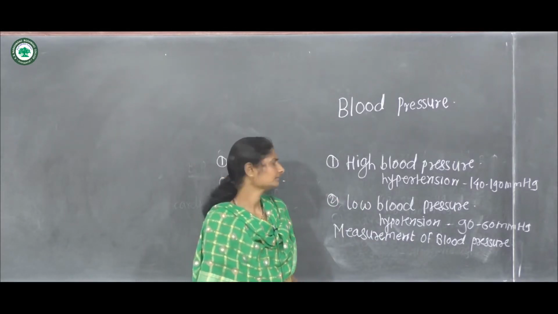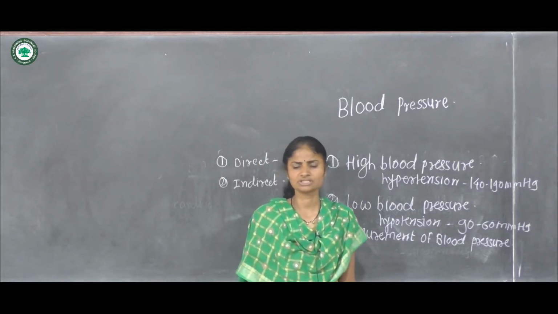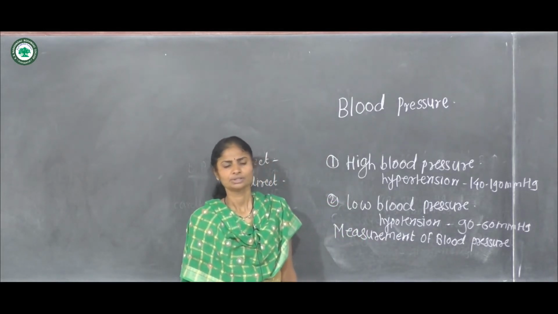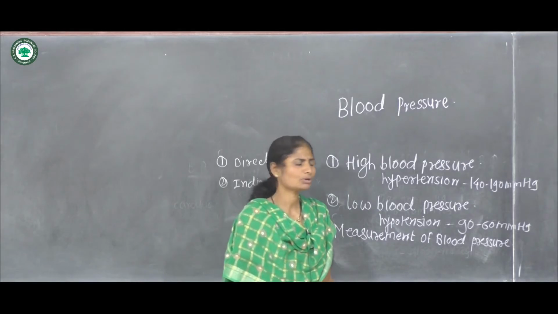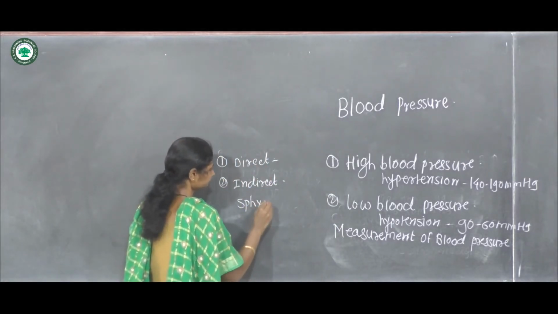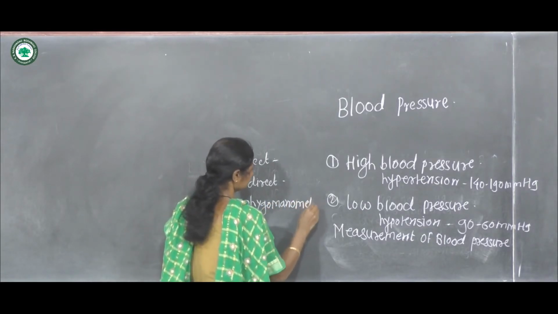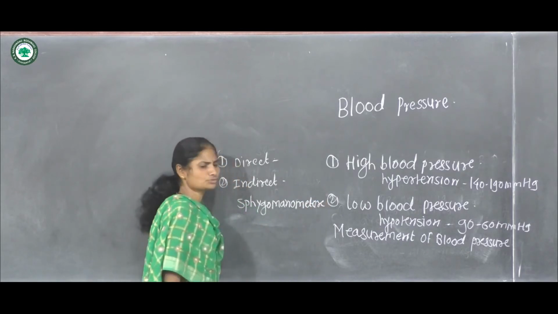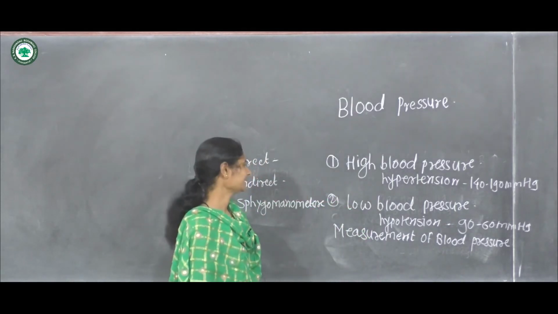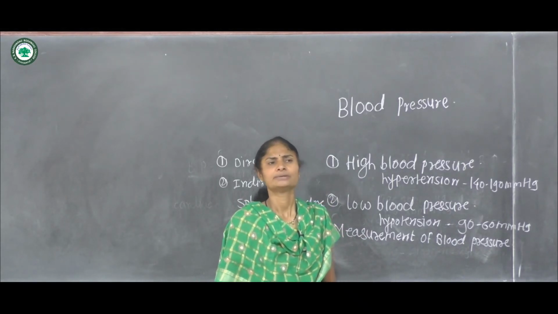In the indirect method, the pressure is measured without any surgical procedure. The pressure of the brachial artery is measured using an instrument called a sphygmomanometer, a clinical instrument used for the measurement of blood pressure.